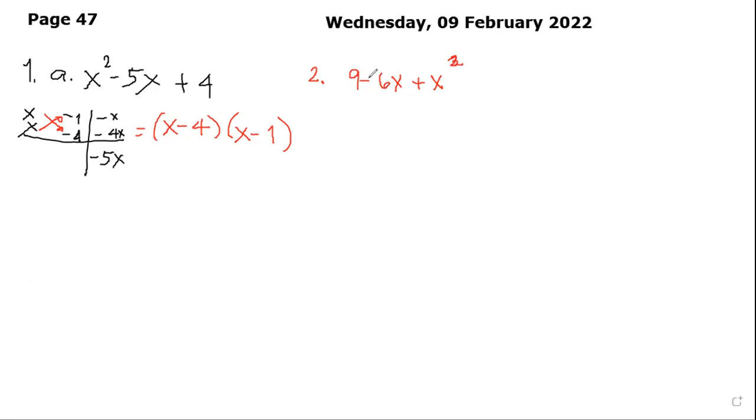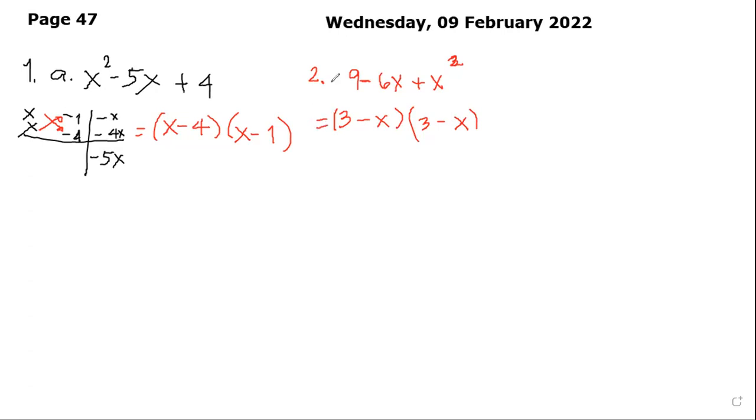The middle term is negative, so both will be negative. So we can have 3 minus x and 3 minus x. 3 times negative x is negative 3x, and negative 3x and negative 3x equals negative 6x. Therefore, we get it correct.